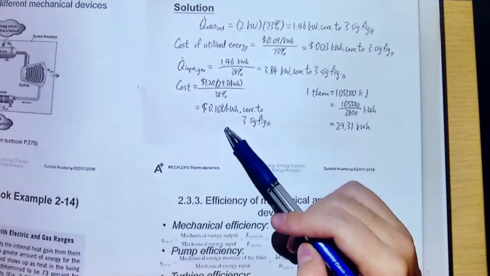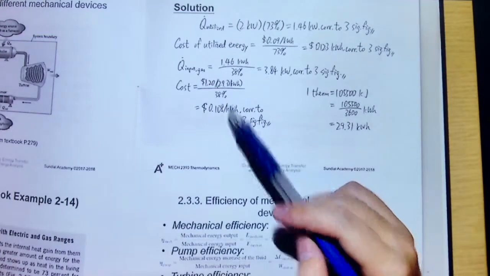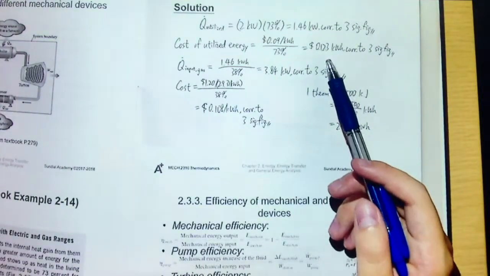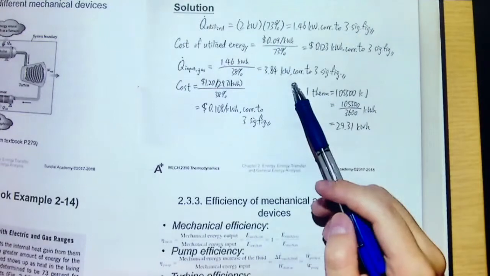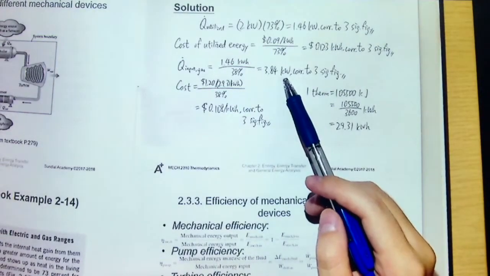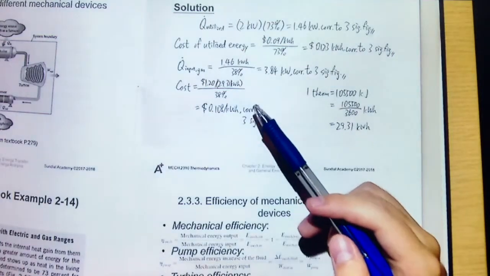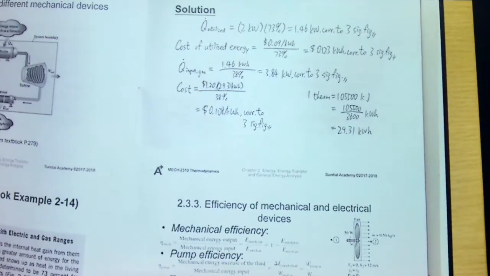Although we need a higher input, because natural gas is much cheaper than electricity, we can use less money to satisfy our energy needs. There are so many factors regarding efficiency, so we need to analyze the case more comprehensively. Next we will talk about the efficiency of different mechanical and electrical devices.